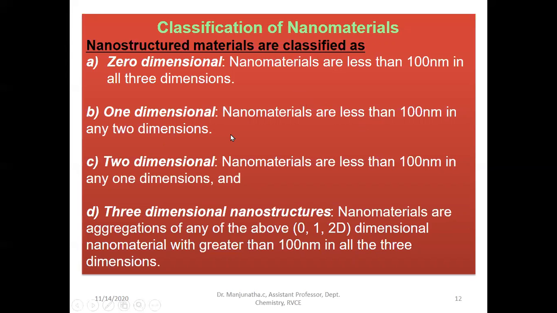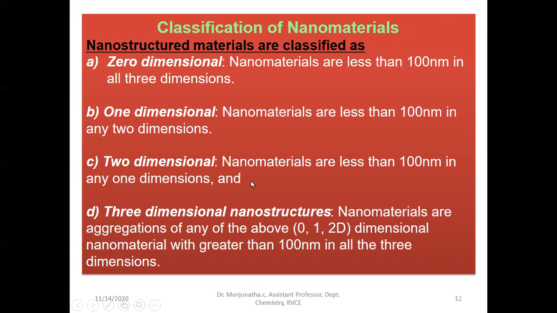The size in the other 2 dimensions of that material would be less than 100 nanometer. So that one-dimensional material would look wire-shaped, rod-shaped, or tube-shaped, in which the width and height would be less than 100 nanometer. However, the length would be greater than 100 nanometer.